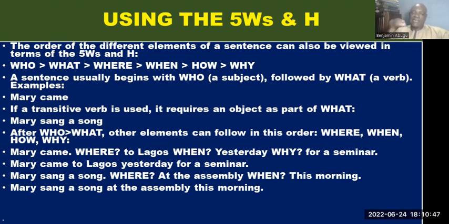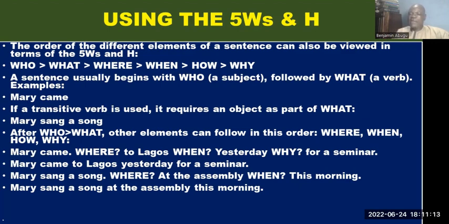Mary sang a song. Now, after this, other elements can follow in this order. Where, when, how, and why. Of course, there are exceptions to every rule, which I will explain. Let's look at the example. Mary came where? To Lagos. When?